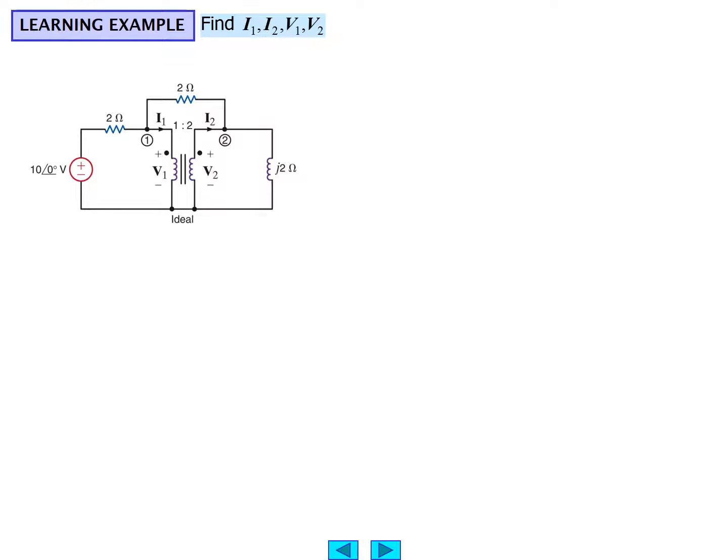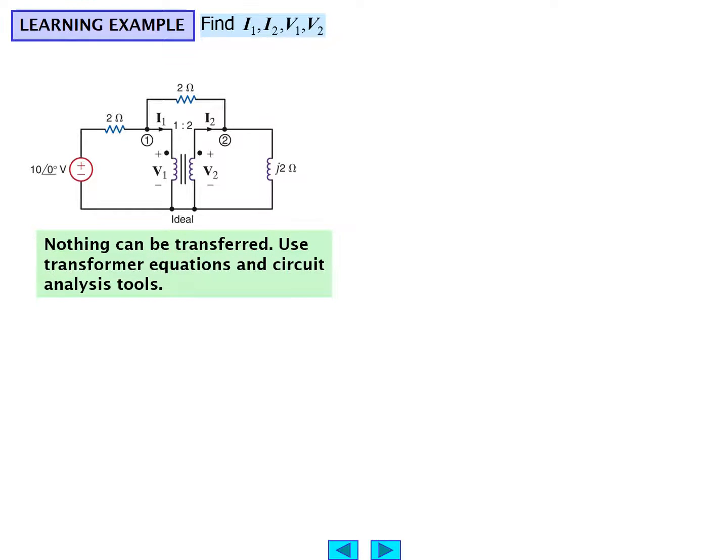Notice the dot notation producing the voltages V1 and V2, always important for polarities. But we also have a 2 ohm resistor bridging terminals 1 and 2 across the top and a short across the bottom, and a load impedance of an inductance whose reactance is J2. Nothing can be transferred.